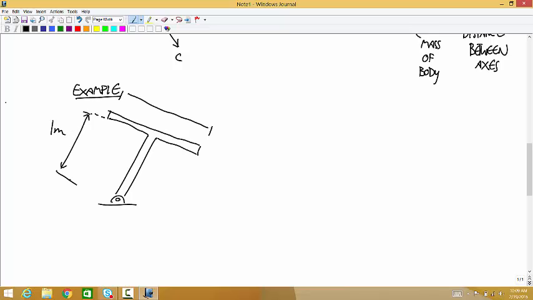This distance is 1 meter. Let's say all the thicknesses are 0.1 meter. And let's say that we want to calculate the angular acceleration of this object.